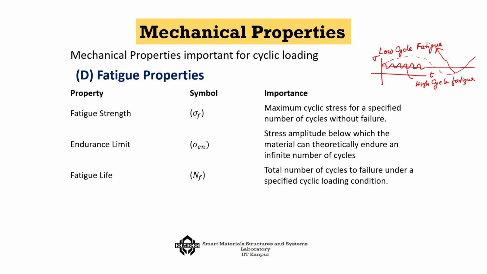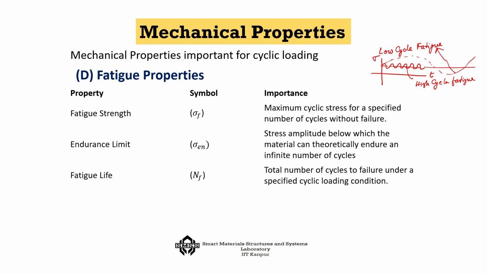Now, in that direction, there are three important properties that you always check. One is the fatigue strength, which says the maximum cyclic stress for a specified number of cycles without failure.